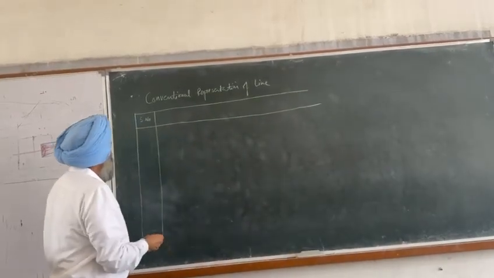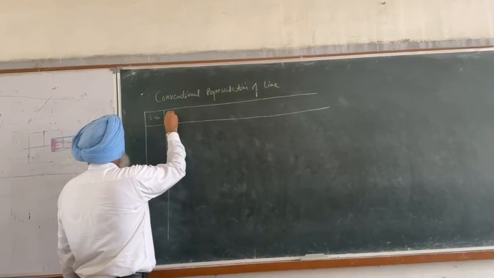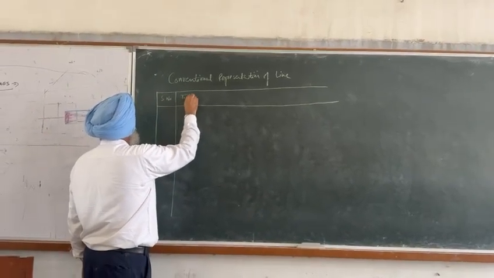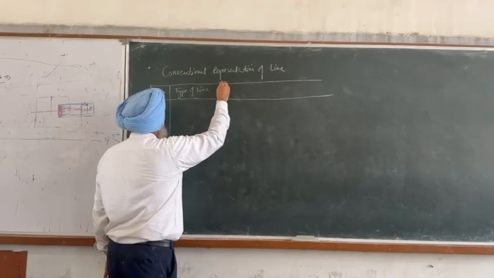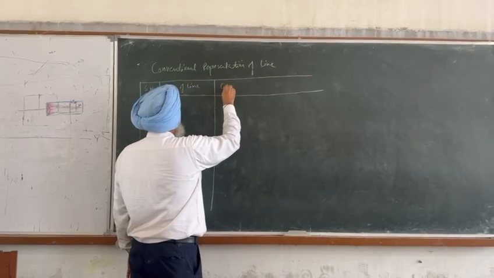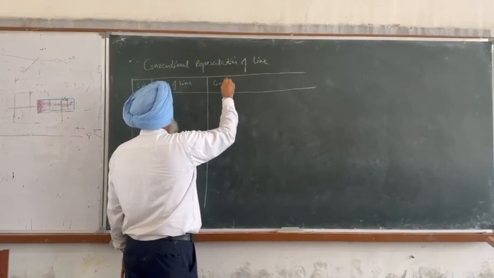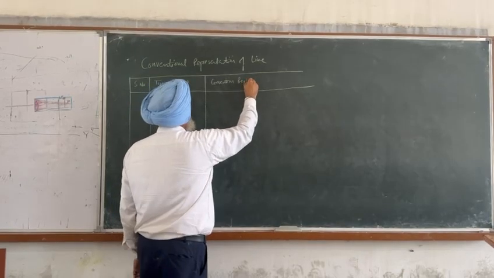Then another one is the type of line. Then conventional representation.